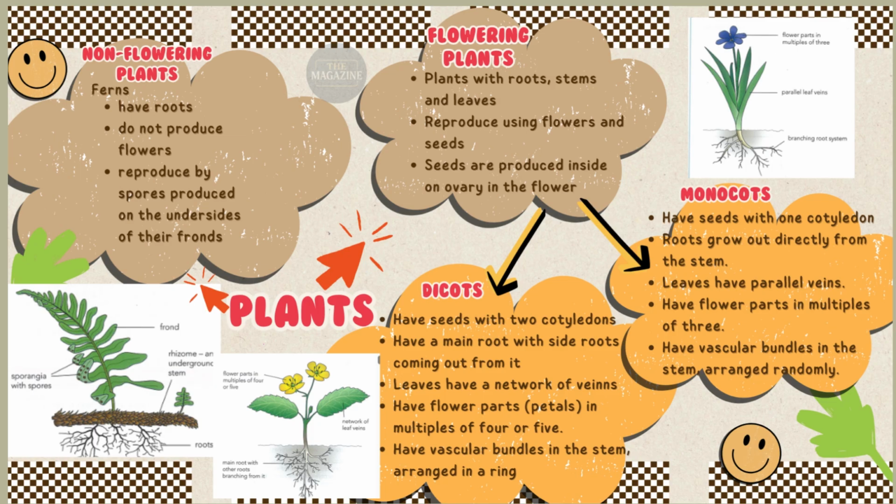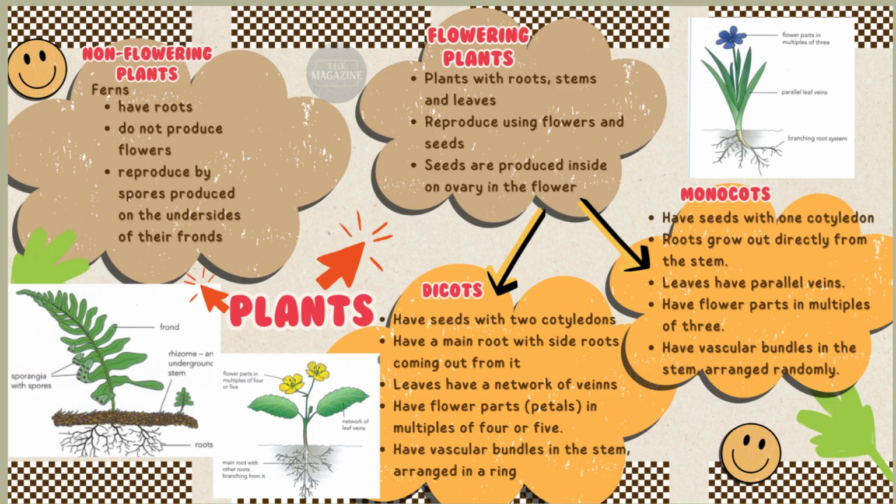So dicotyledons have two cotyledons, and mono means one or single. So this kind of plant has seeds with one cotyledon. When discussing dicotyledons, I already mentioned they have seeds with two cotyledons, and they have a main root with side roots coming out from it.